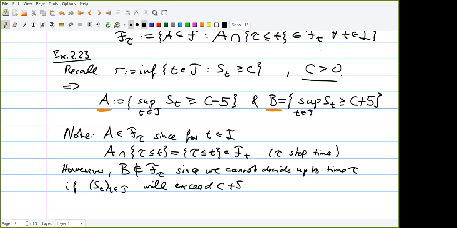This means only because we know that the price process was above the barrier C, we cannot decide anything about whether or not the price process will be above the barrier C plus 5 at some point.